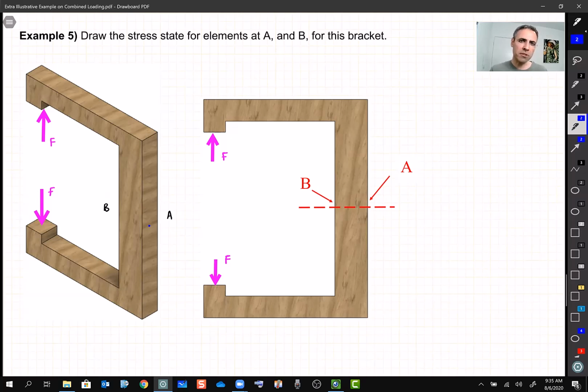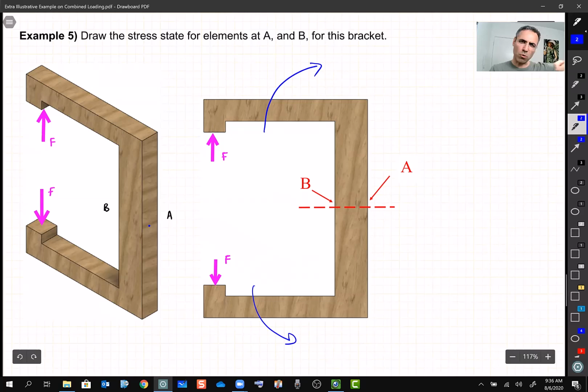Always try to visualize things by exaggerating, try to see how these things are going to deform and how they're going to break. For example, you built it and now you are applying this load at the two sides. So what you're trying to do is open up this C-shaped bracket, right? You're trying hard to open up these things.